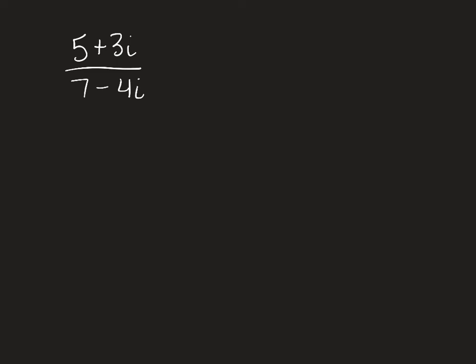So we're going to multiply the top and bottom by the conjugate, 7 plus 4i. The conjugate is where you change the middle sign on the bottom. Multiply by that on the top and bottom. Then we're going to FOIL on top, FOIL on the bottom, and go from there.